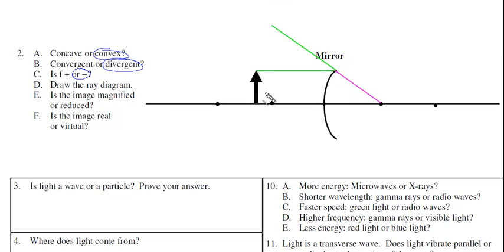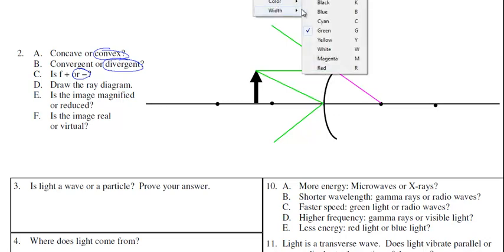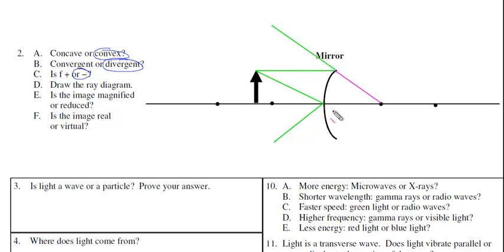Okay, same thing here. For our second ray, we always go towards the middle. Here we are at the middle, and then it reflects off at exactly the same angle that it touched at, right? But the virtual part of the ray continues on to the virtual side.